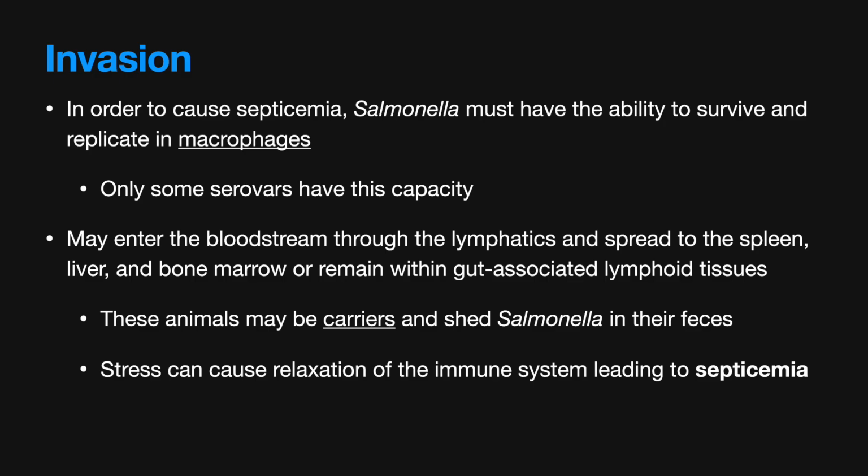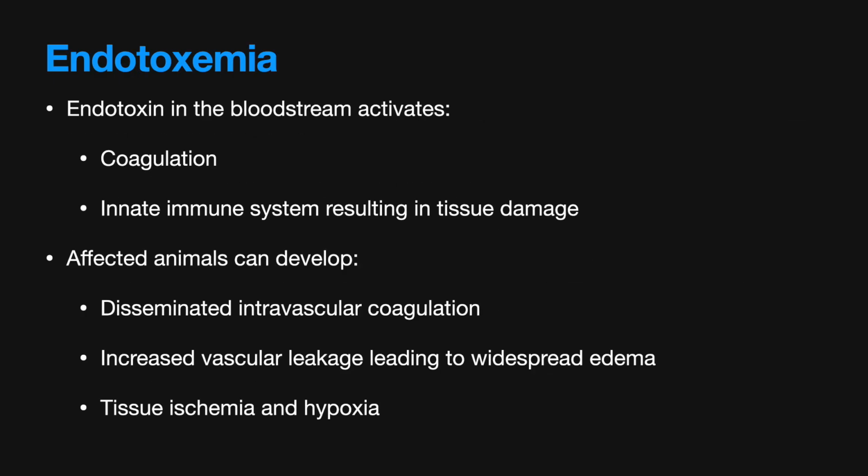Endotoxin from Salmonella in the bloodstream activates both coagulation and the innate immune system. This results in disseminated intravascular coagulation, increased vascular leakage causing widespread edema, and tissue ischemia and hypoxia.